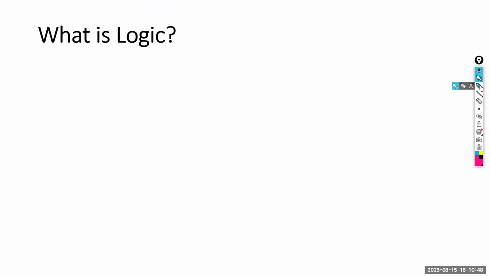What is logic? Because our subject is digital circuits. Digital circuits are all about logic processing. So therefore, we can't understand digital circuits without understanding what logic is. So what is meant by logic?